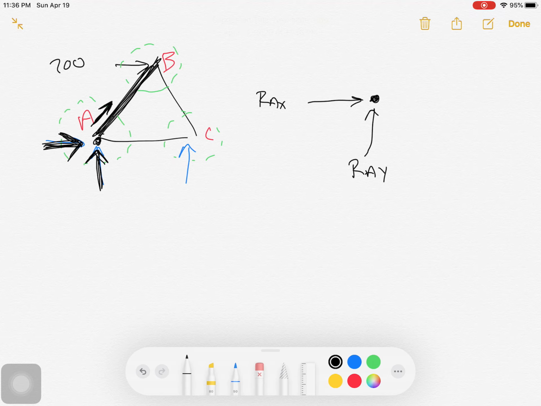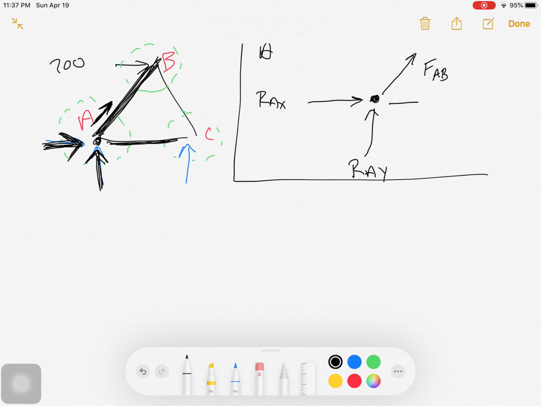So since this member connects at an angle up and to the right, we're going to draw an angle up and to the right. And I'm just going to call this force of member AB. So this is the free body diagram for point A. Now, oh, we've got one right here. It's going to the right, force from A to C. All right, so that's for point A.